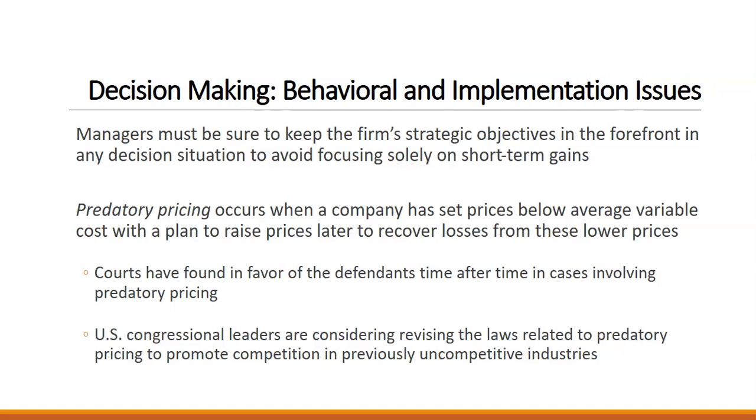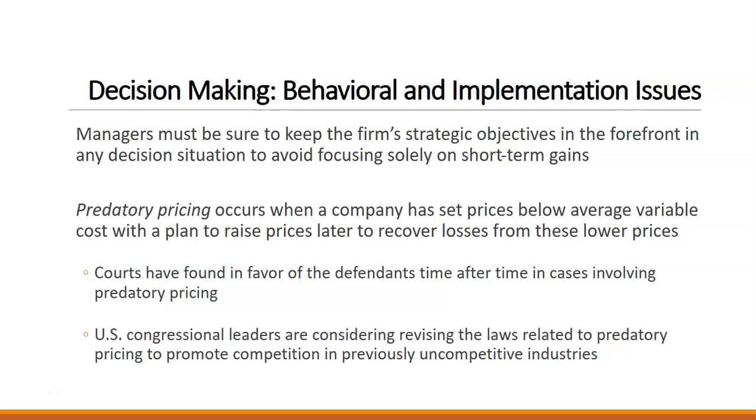When we're looking at decision making, we need to think about any behavioral and implementation issues. So we have to make sure that our strategic objectives are part of any decision. That way we don't just focus on short-term goals or short-term gains. One of those behavioral issues is predatory pricing.